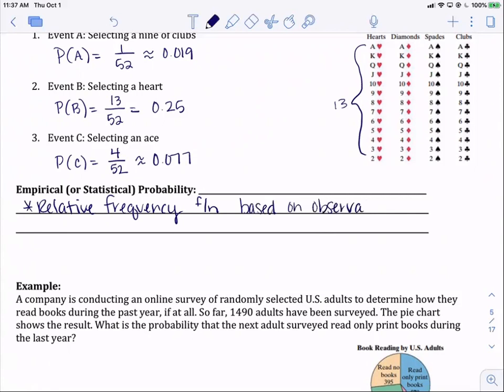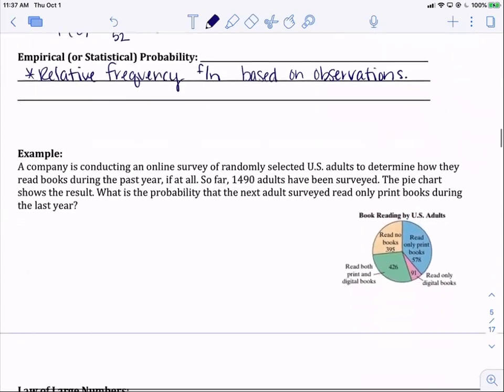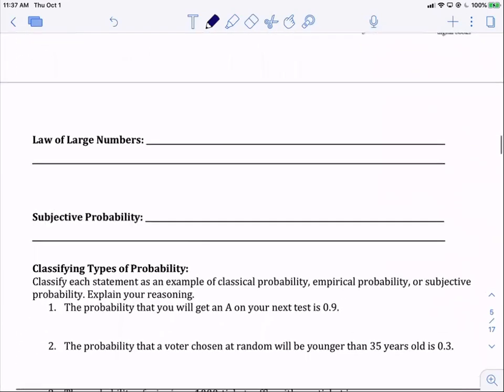So usually you're given like a table or a chart. So F divided by N, and it's based on observations. Flip to the back real quick. I'm gonna go over a couple key things and then we'll finish these up tomorrow.